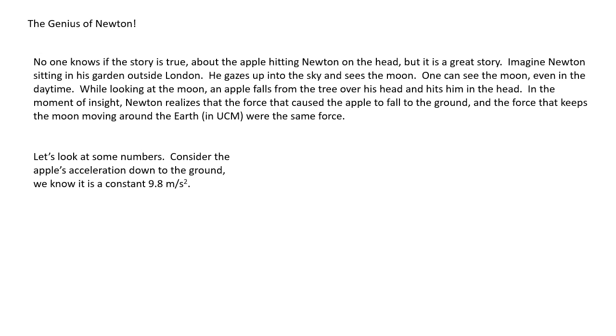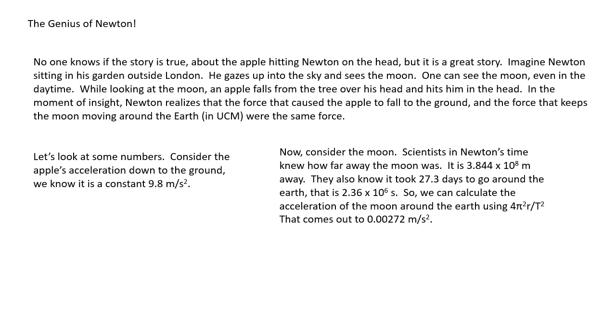Let's look at some numbers. Consider the apple's acceleration down to the ground. We know that that's a constant, about 9.8 meters per second squared. Now consider the moon. Scientists in Newton's time knew how far the moon was away. It's 3.844 times 10 to the 8th meters away. They also knew that it took about 27.3 days to go around the Earth.